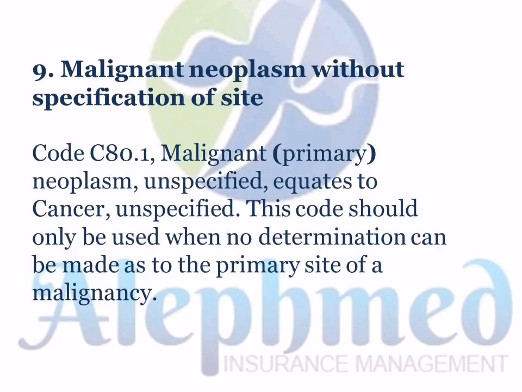Then the 9th one is malignant neoplasm without specification of site. If a specific site is not mentioned, that is, if it's written like CA abdomen, CA abdomen means there are different parts in the abdomen: the stomach, the small intestine, the large intestine. There are many parts, so we don't know exactly which particular part it is.